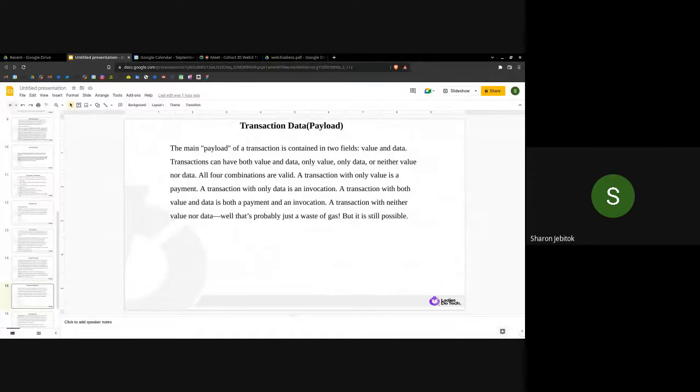I think you've heard of invoking a smart contract. So when someone is trying to invoke a specific function of a smart contract, a transaction will still occur, but now it won't be a payment, but an invocation. But it's still a transaction. And then a transaction with both value and data is both a payment and an invocation.